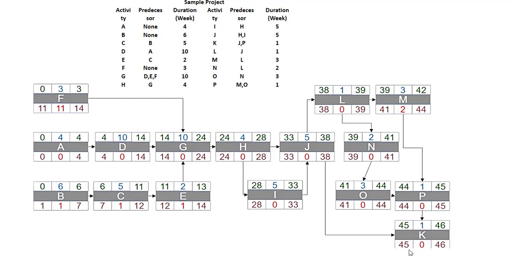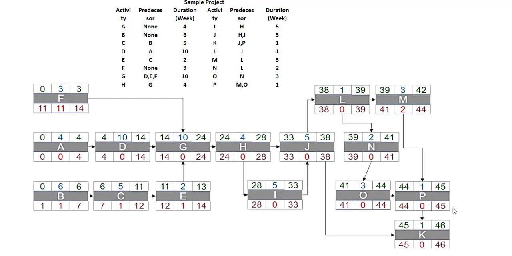So to fill this lower factors, we will start with end activity, that is activity K. As activity K is last activity, that means our project completes with activity K. So we won't delay this activity because we need to finish this project by 46th week.